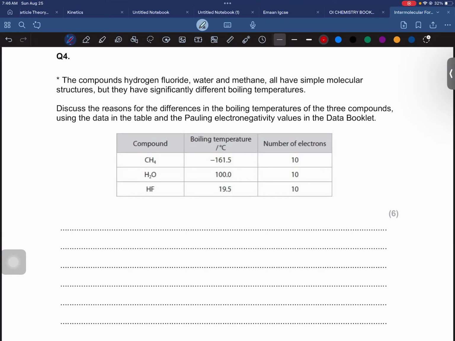CH4 has London force, a temporary dipole or van der Waals force, which is a weak force of attraction as compared to HF and H2O. But for both H2O and HF, hydrogen bonding would be there. But if you count the number of lone pairs in H2O and HF, we always consider the central part.